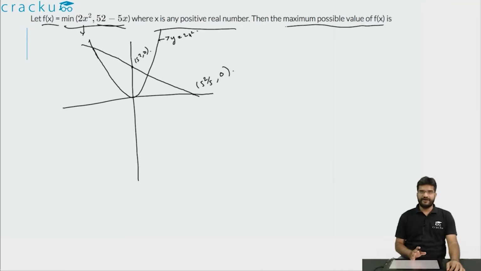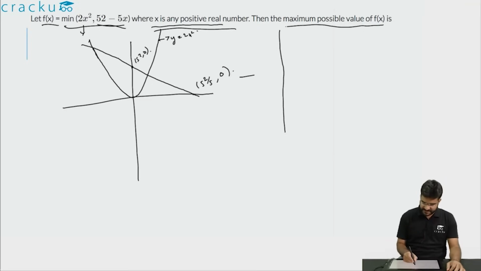These are the two graphs, 2x square and 52 minus 5x, but we are only required to find out the graphs when x is a positive real number. So it will be something like this. We will only consider the right side of the y axis. So again 2x square will be something like this, and 52 minus 5x will be something like this.